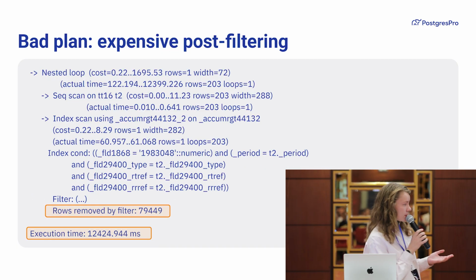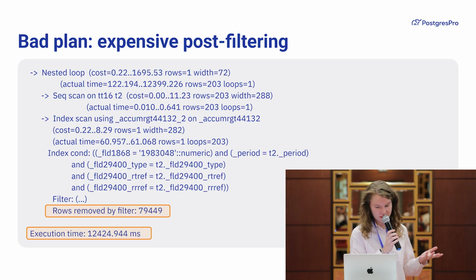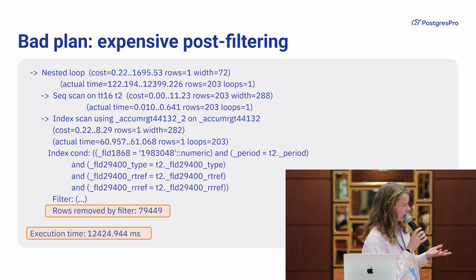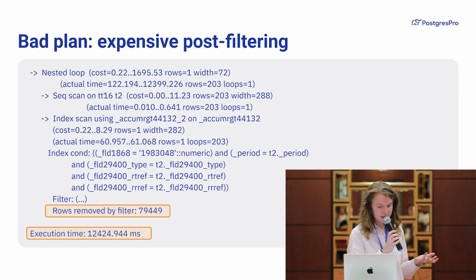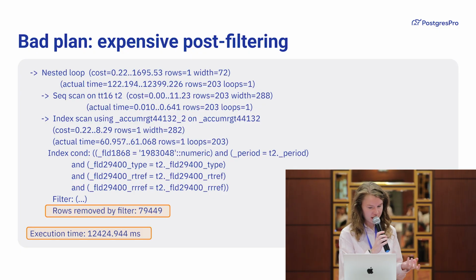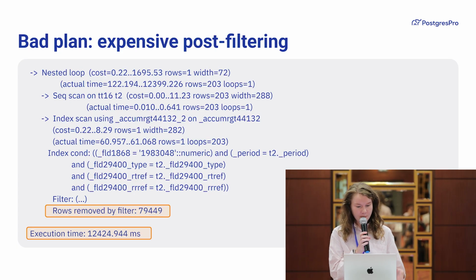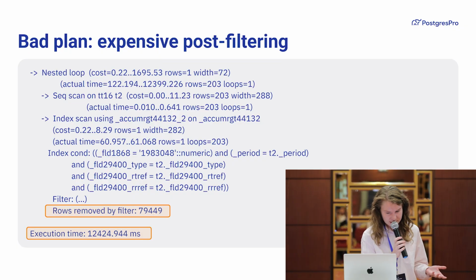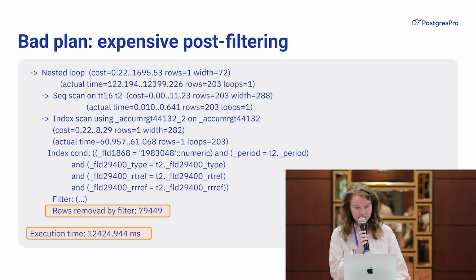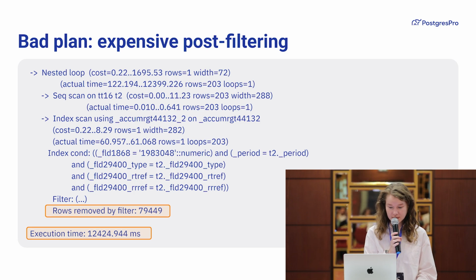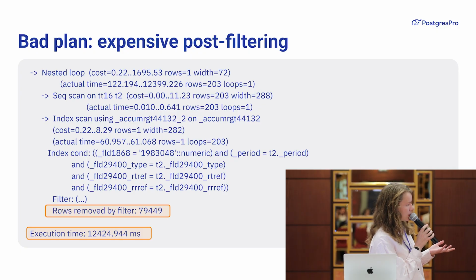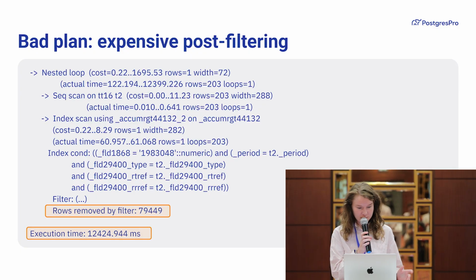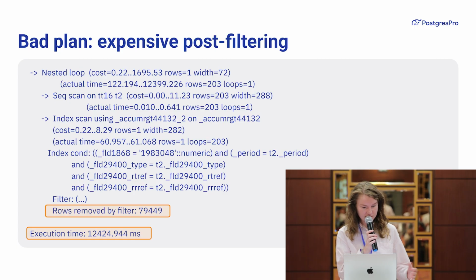So now, at first glance, you may think that this plan looks quite reasonable because it uses an index scan, but the important part is inside the index scan. Only part of the predicates is used in the index condition, and the rest, around 18 equality predicates, remain in the filter. So the index is executed around 200 times, once for each row from the table, and each time the index returns candidates, and then Postgres checks the remaining predicates in the filter.